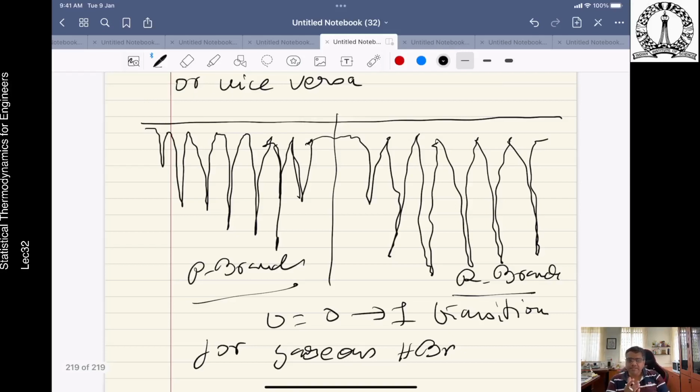However, in comparison, if you look at the results, the spacing between the lines drops as we move within the P branch closer to the fundamental frequency or fundamental wave number, and this spacing rises in the R branch as the frequency approaches the fundamental frequency.